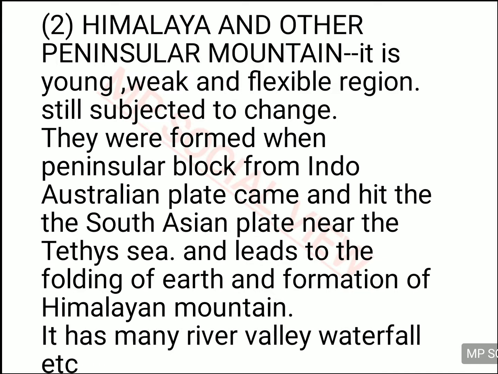When the peninsular block separated from Australia, moved towards South Asia, and collided with the Tibetan block, during that collision, what happened? The folding happened in the earth, because earlier that was the place of the Tethys Sea where it collided. Near this Tethys Sea, what happened?